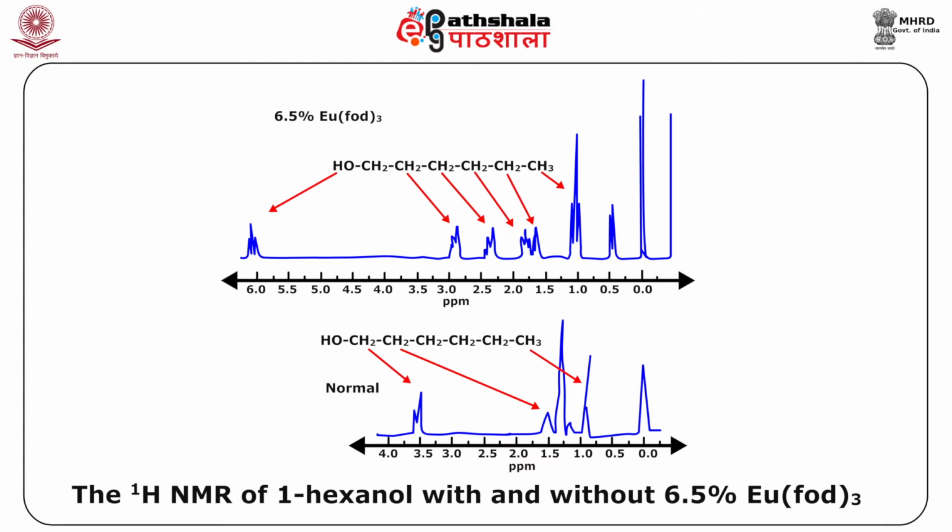The methylene group which is relatively closer to the hydroxyl group is shifted more downfield, and as the distance of the methylene groups from the OH group in 1-hexanol increases, the shifting of the peak is less pronounced in the presence of a shift reagent. Thus, on addition of shift reagent, the spectrum is simplified to almost first order.